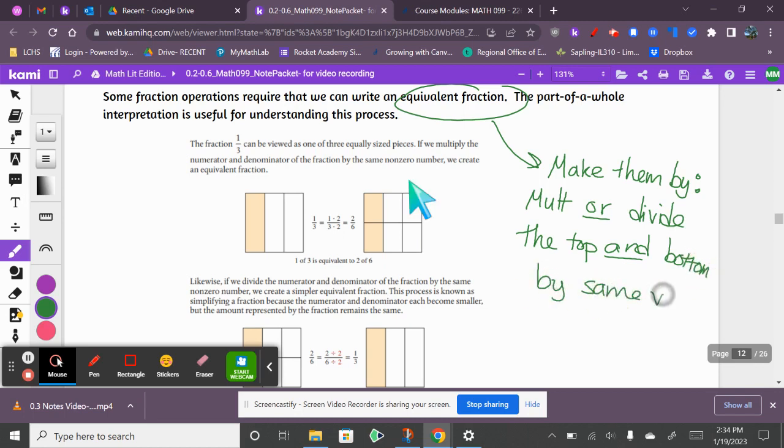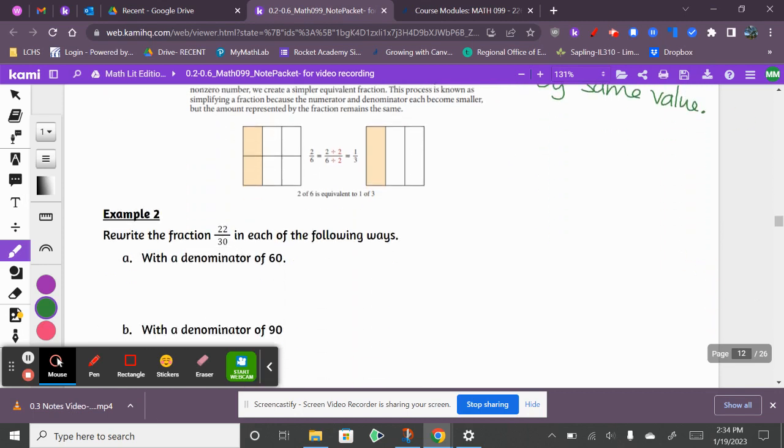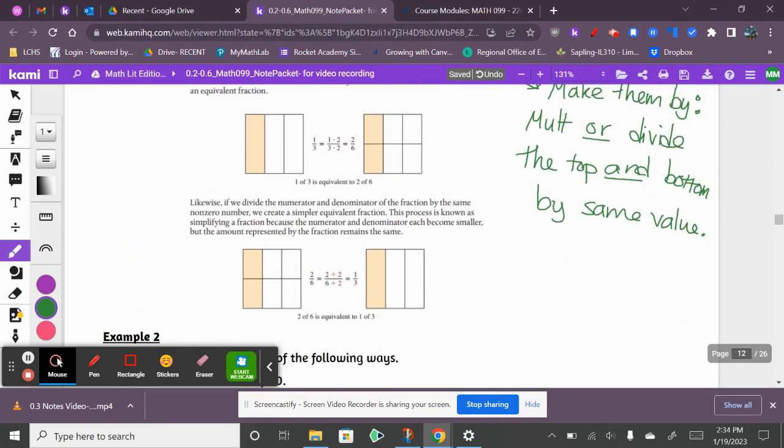So we have to make sure that we do it to the top and to the bottom. So what they did in this one was they multiplied by 2 on the top and the bottom, and they got 2/6. And they were able to even bring it back to 1/3 by doing the same, but dividing instead.